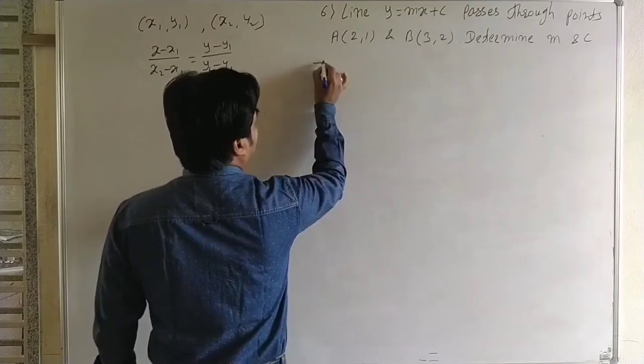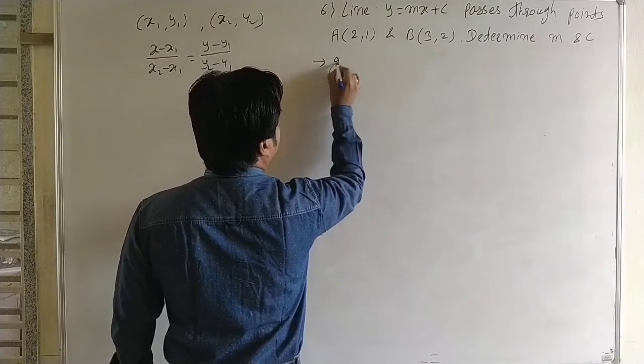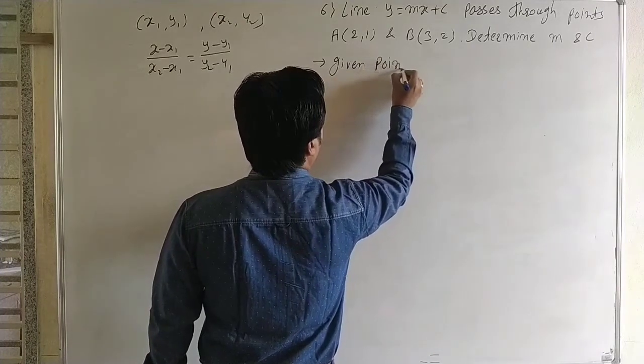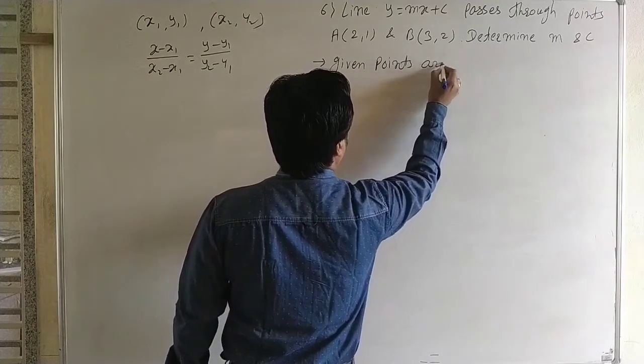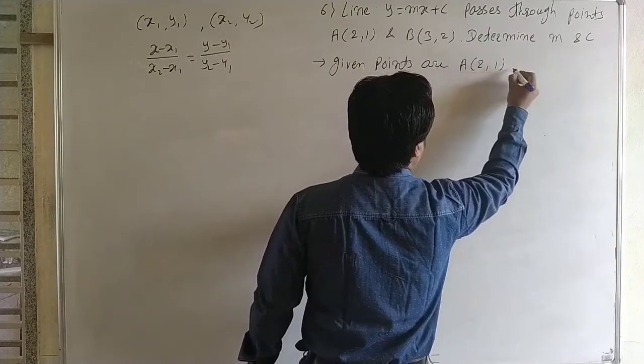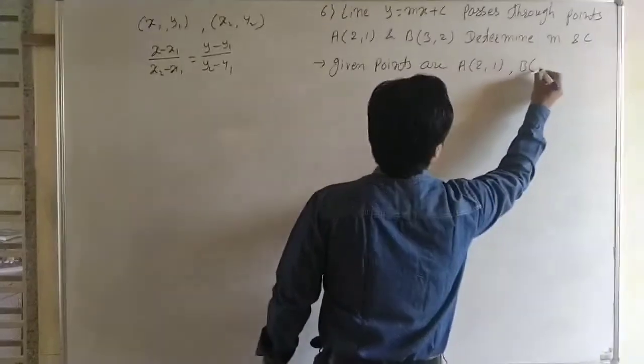Now here the given points are A (2, 1) and B (3, 2).